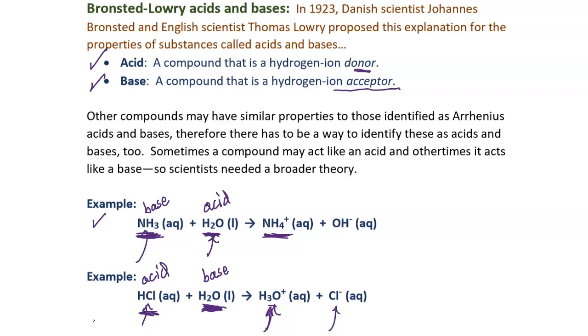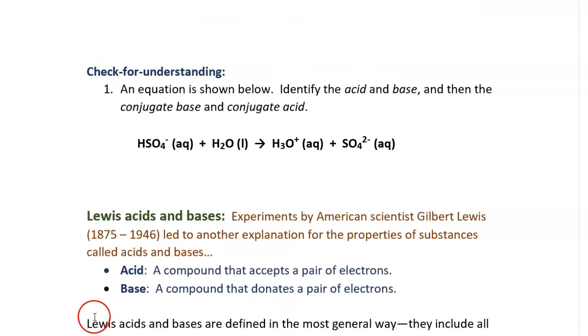So in the second example, we've identified HCl as an acid according to the Bronsted-Lowry definition, and that fits right along with the fact that we would have called it an acid with the Arrhenius definition as well. Here is a check for understanding question. An equation is shown below. Identify the acid and the base on the left side of the arrow.